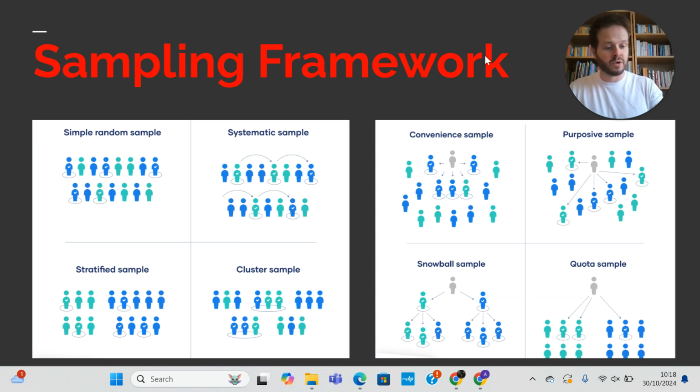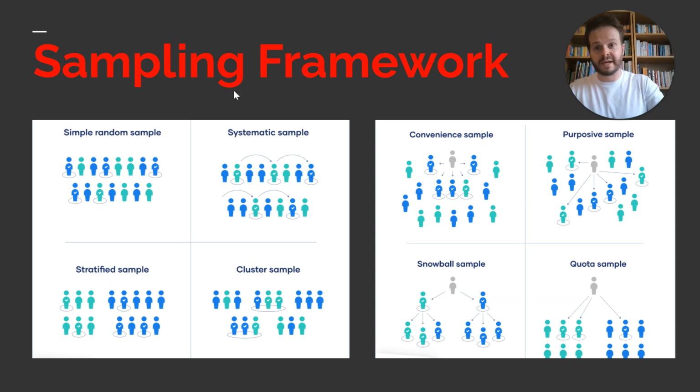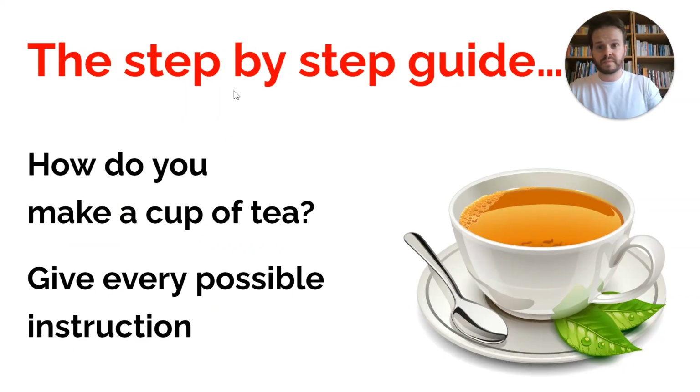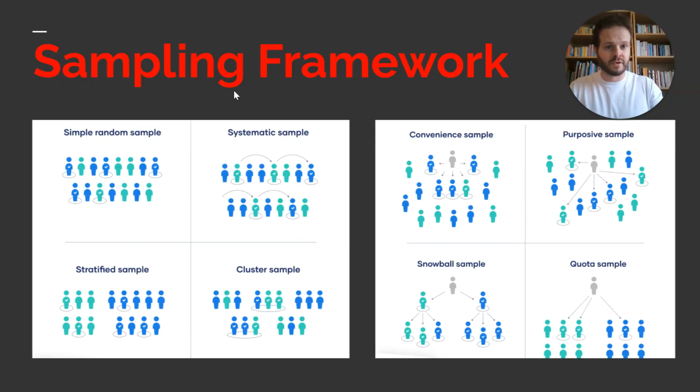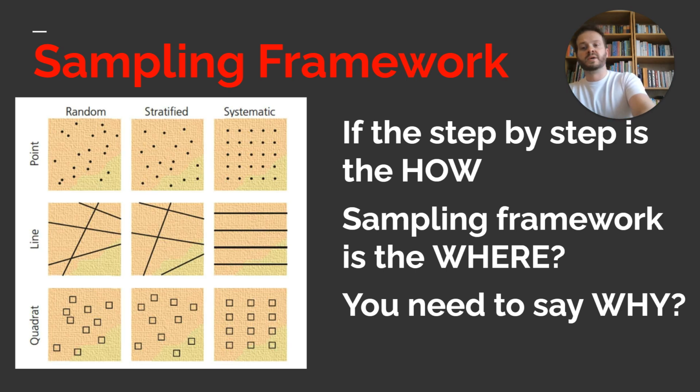So that's sampling framework. Once again, we need a step-by-step explanation and you need a sampling framework. So how is it that you're going to collect the data? Now, it's a really good idea, and I'll come on to this, to present your sampling framework on a map, on a visual. But I will come back to this. Okay, so here's how this might work.